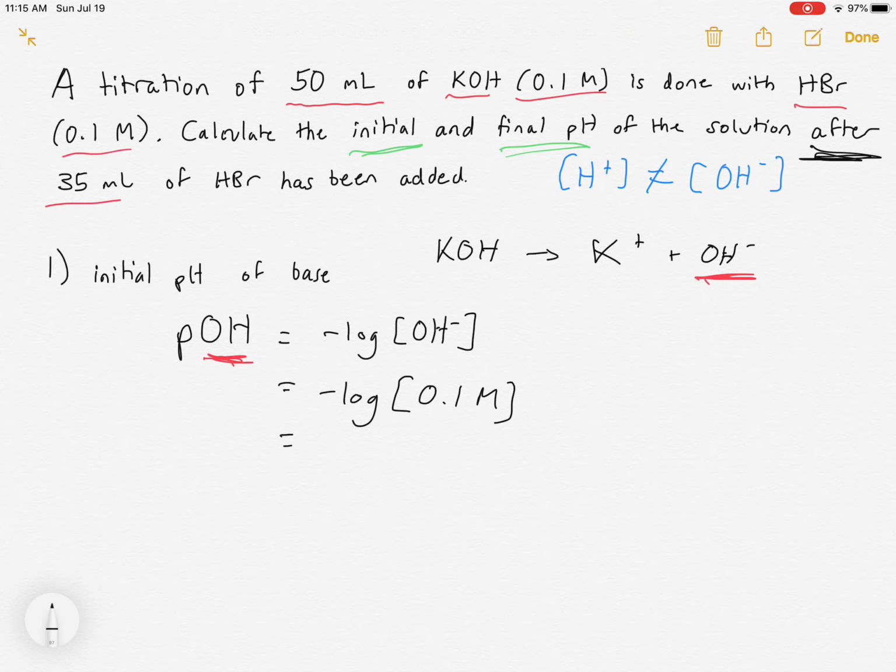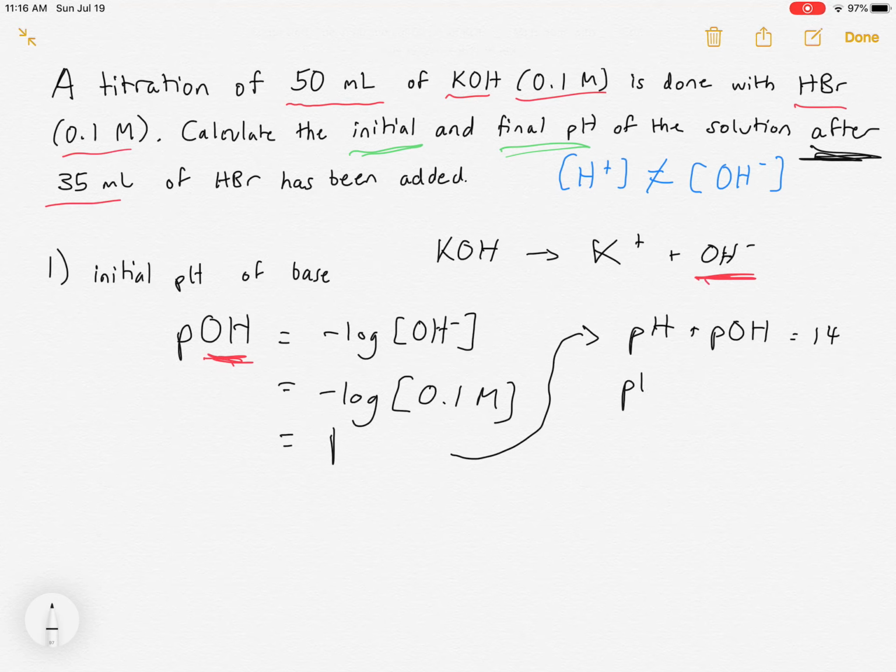And when you type this in your calculator, you'll end up getting a pOH equal to 1, which is very, very basic. And then once we get that pOH, remember that pH plus pOH equals 14.